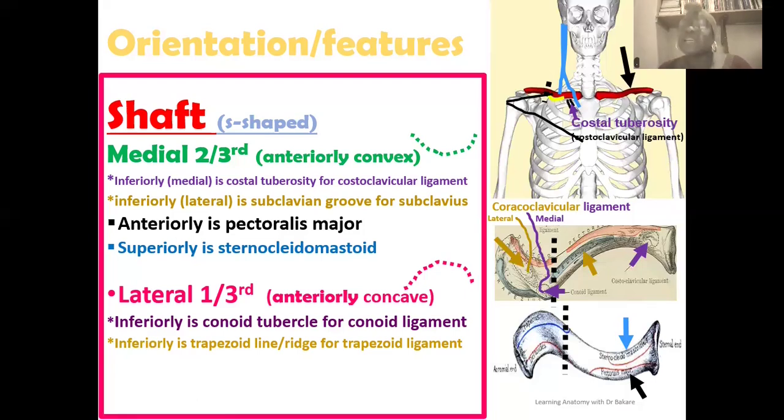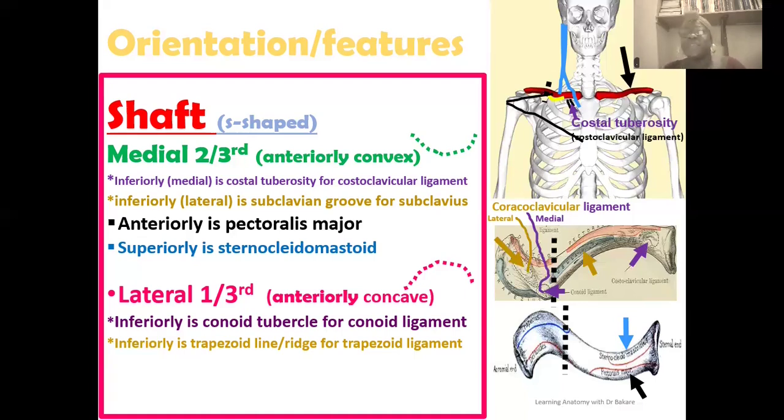In case we are asked during examination, we should know that the coracoclavicular ligament is structurally made up of the conoid ligament and the trapezoid ligament. These two ligaments come together to become the coracoclavicular ligament, which of course connects the coracoid process of the scapula to the clavicle.